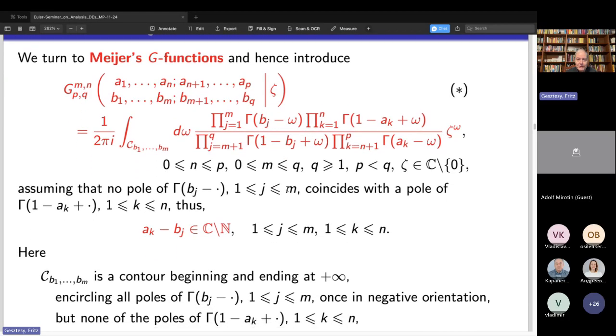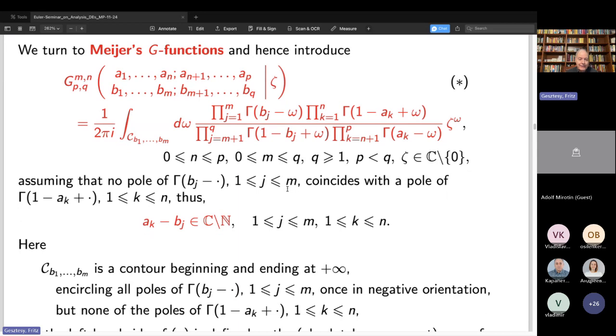the object star. And here the contour begins and ends at plus infinity and encircles all poles of gamma of beta j, so of this term here, but once in negative orientation, but none of the other poles that come from 1 minus ak plus omega.